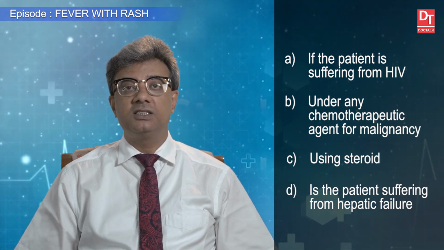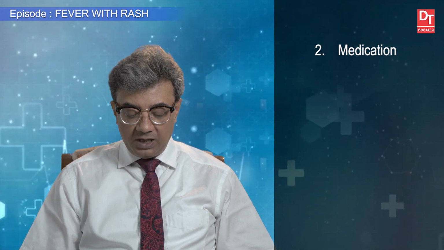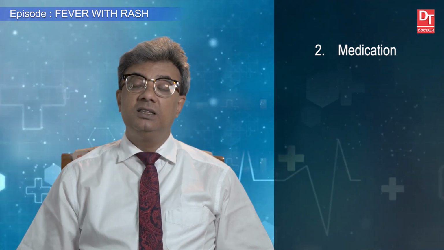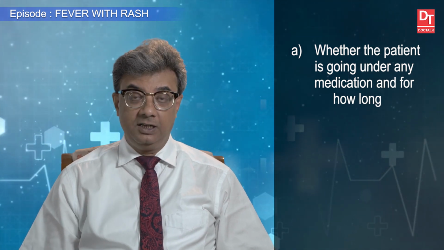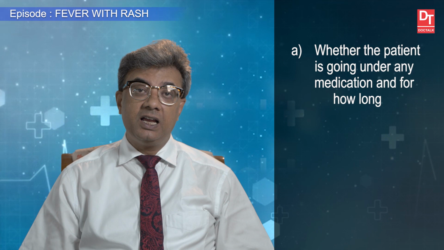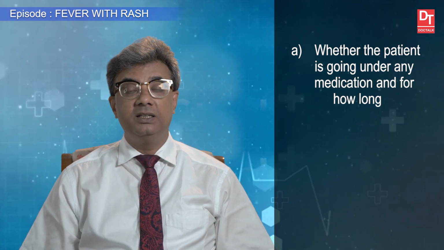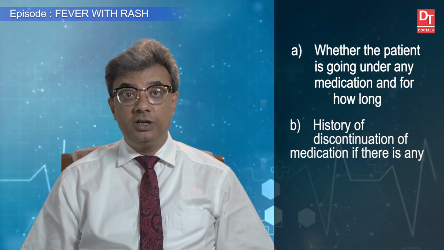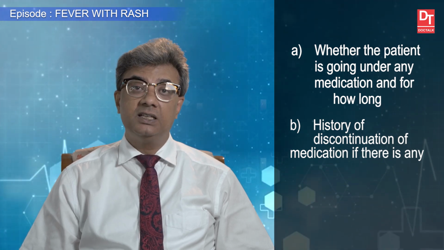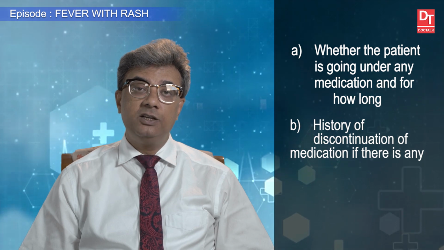So, this is basically the immune status of the patient. The next one is the medications. What medications that patient is taking at least for the last few months, because very often the rash may be induced by drugs, and when those medications were started and discontinued, that proper history we have to take.